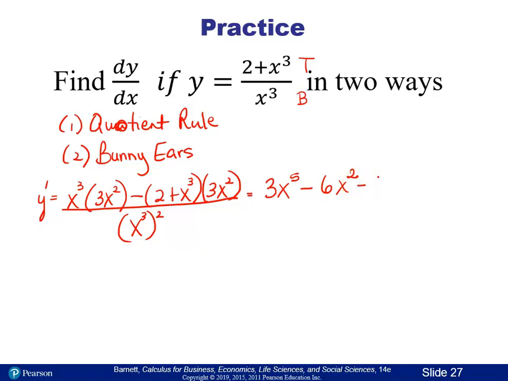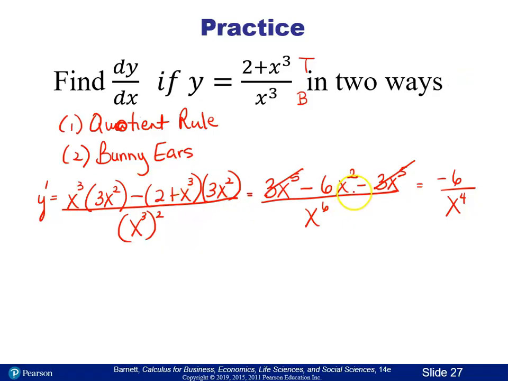And then minus 3x to the 5th. And then that's going to be over x to the 6th, because we'll multiply the exponents here. And this negative, we do need to make sure it's distributed through to both terms so that both of those are negative there. Okay, so these actually cancel, and we're left with negative 6 over x to the 4th.